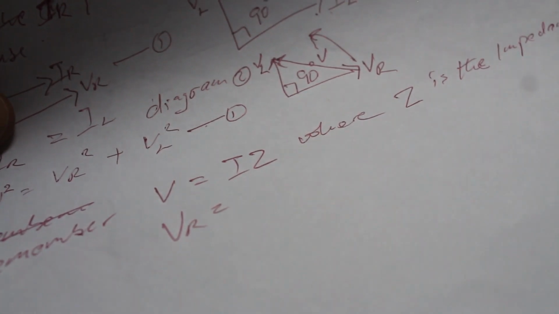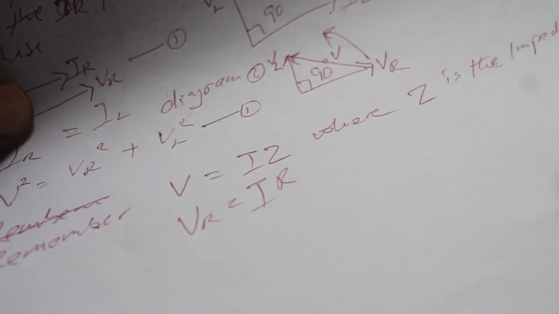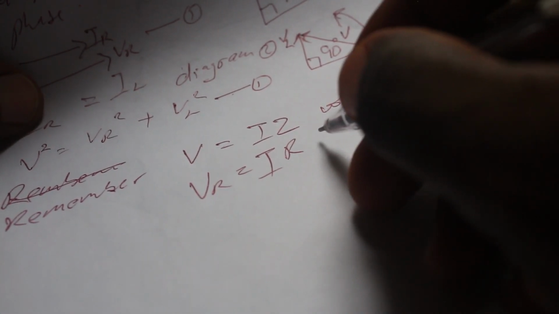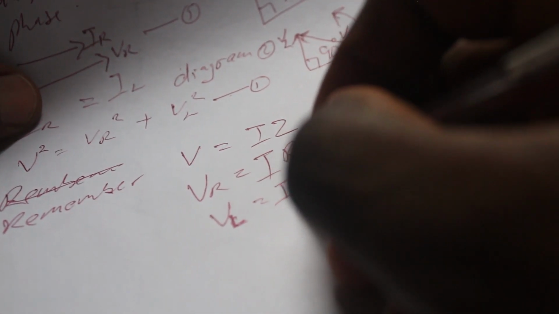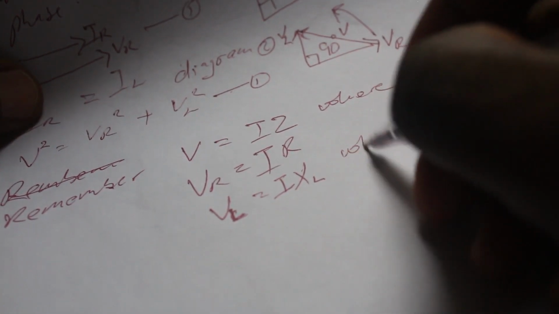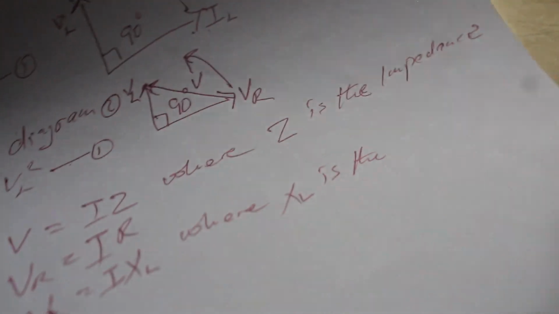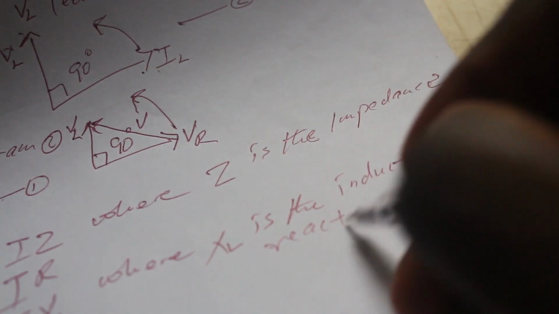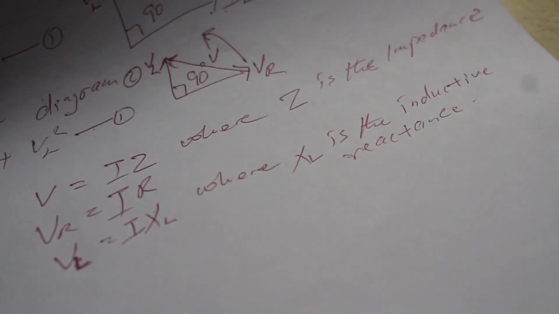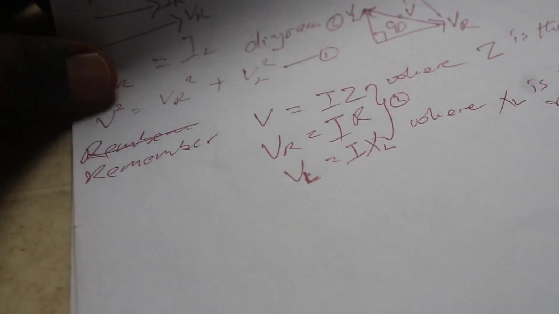To find that using Ohm's law, we have IR, and the voltage across the inductor becomes I XL, where XL is the inductive reactance. So we're going to put all these, equation 2, into equation 1.